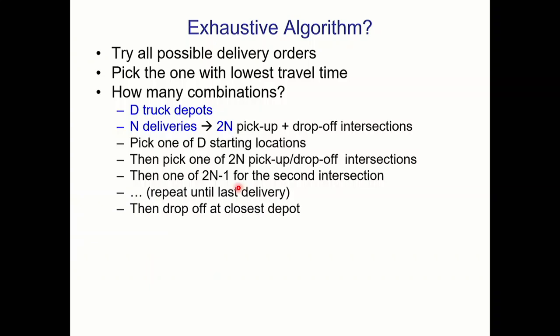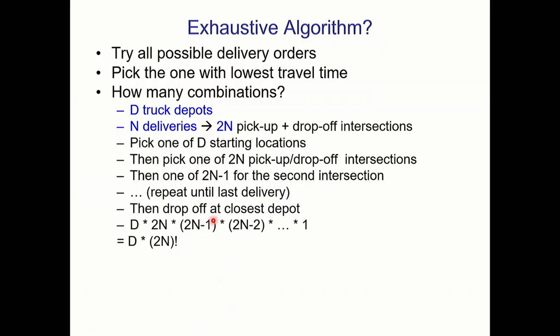This can be, you can choose out of the D intersections, right? So what do we have here? We have D times 2N times 2N minus 1 times 2N minus 2 up until times 1, right? So actually, it can be D squared because you're picking up one of the depots at the beginning and picking up one of the depots at the end.